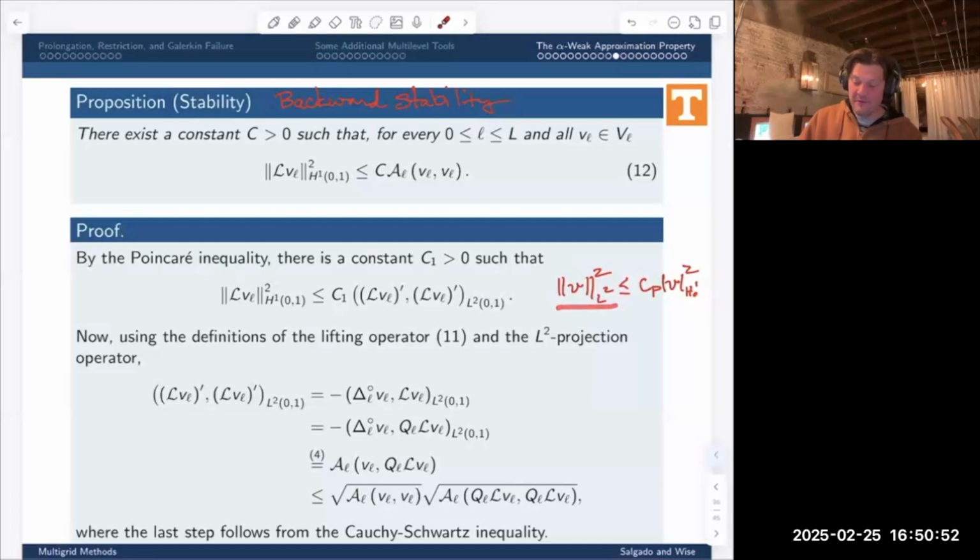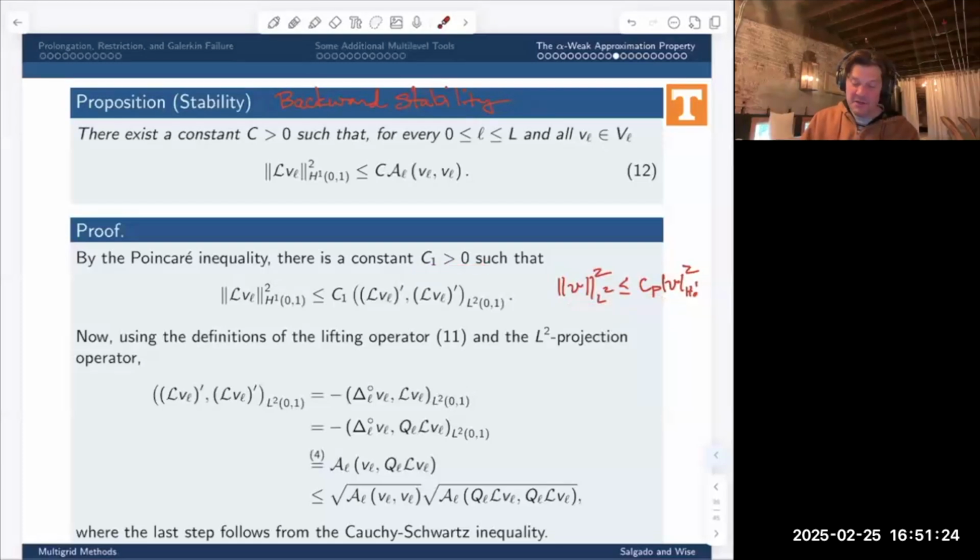And over here, we're going to get the full H1 norm squared. So the Poincare inequality tells us that the H1 seminorm, with a constant, can beat the full H1 norm of any function, as long as it's a smooth function. So here, what is the smooth function we're going to use? We're going to use the lifting of VL. That's going to be our smooth function. So this Poincare constant might be CP plus 1, I guess.